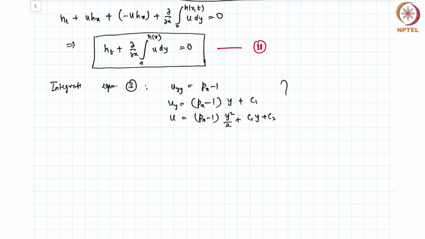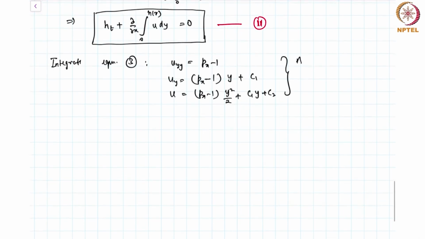Right? Now we can apply the boundary conditions. At y equal to 0, u equal to 0, and this gives me the constant c2 to be 0. We also have at y equals h, u_y is 0, and this gives me the constant c1 to be minus of (p_x minus 1) times h.